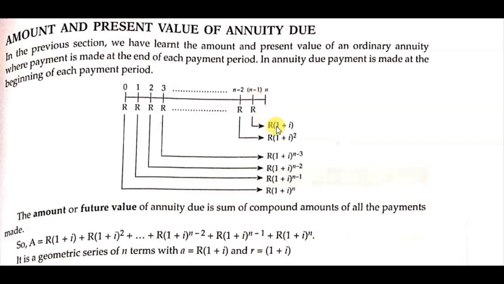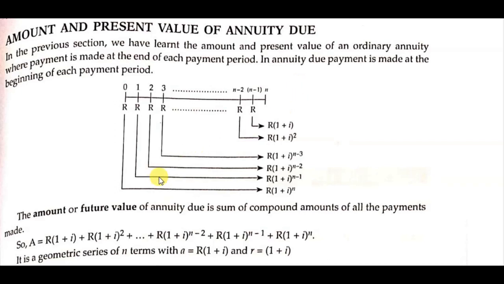Let's calculate the total amount. So in the last month, no need of payment, and you start paying from today. So that is what is called a case of annuity due. Understood?